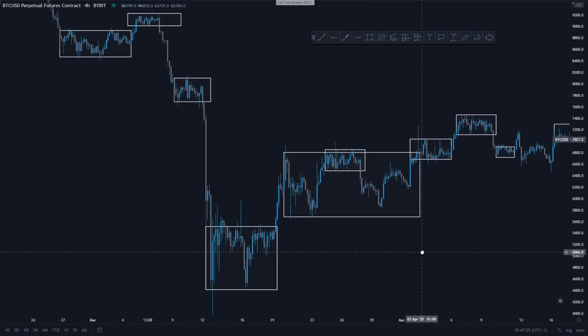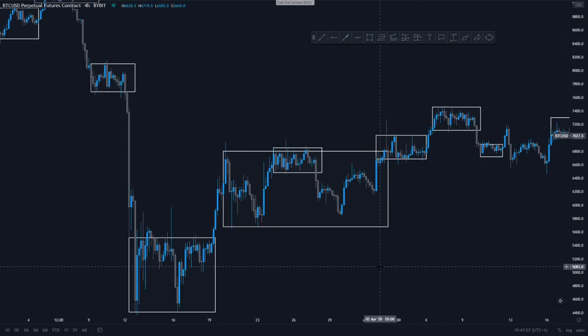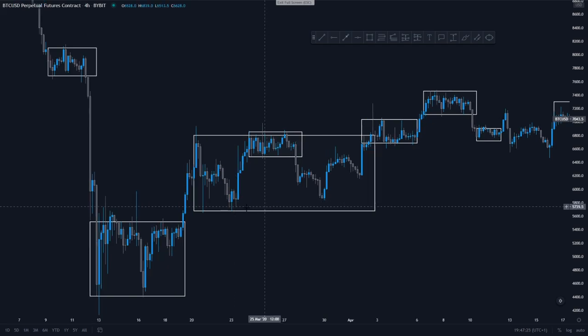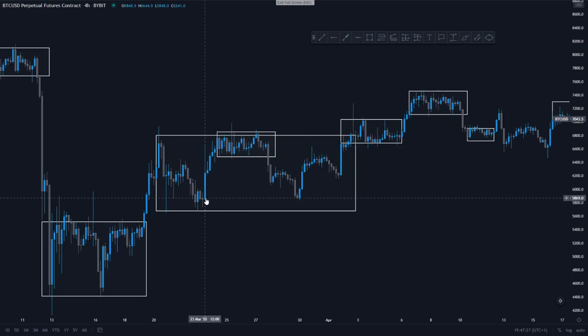So what we can do, guys, is we have opportunities during these consolidations. When the price rallies and reaches 7k here, then we know that it will eventually come down here and form these reversal candles, bullish engulfing and so on.